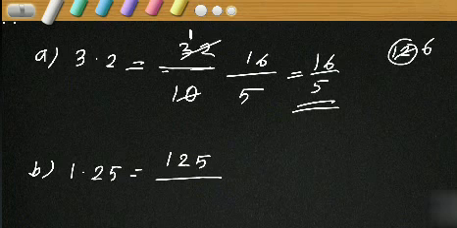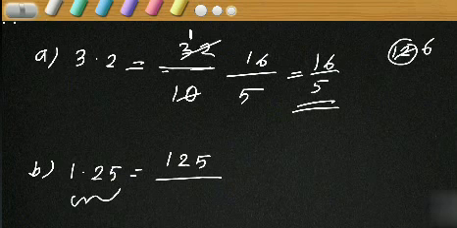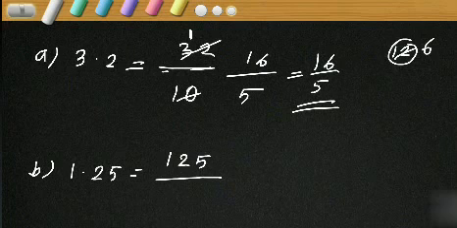Next step, divide this by, how many decimal places are there in the question? There are 2 decimal places. So how many zeros should be there in the denominator? In the denominator there should be 2 zeros. That means we have to divide by 100, isn't it?